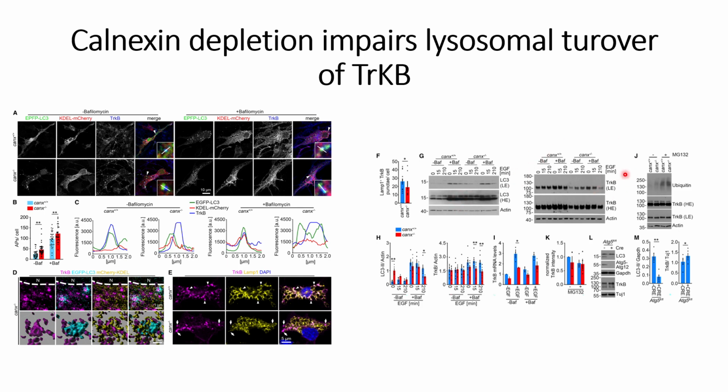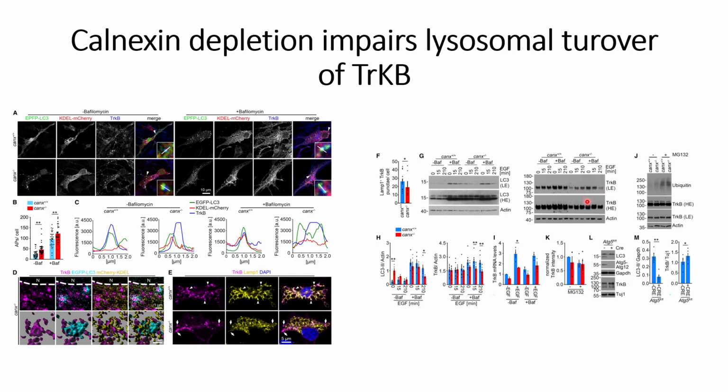And when they check for TrkBs, they find elevated levels of TrkBs when the chemical inhibitors are used. This indicates that the weakened autophagy leads to more accumulation of TrkB. They found the same thing in the Calnexin depleted cells with autophagy inhibitors.